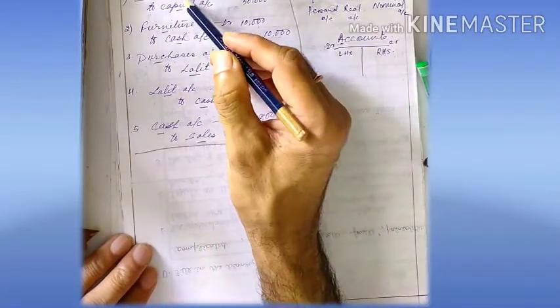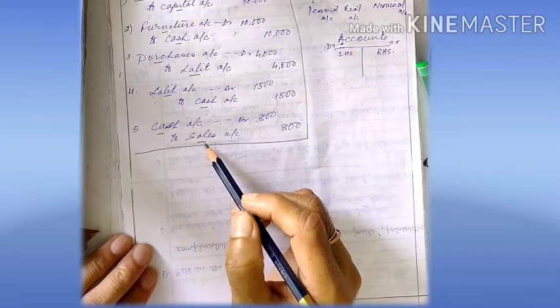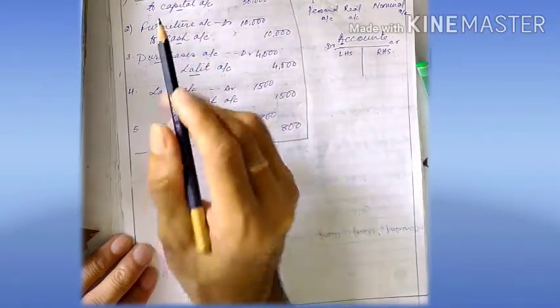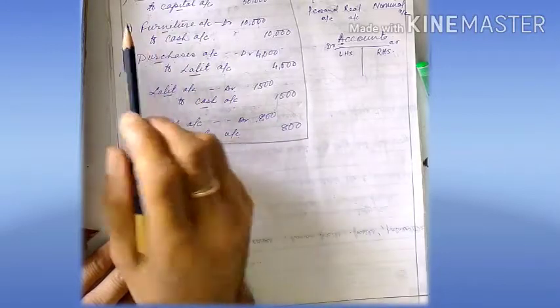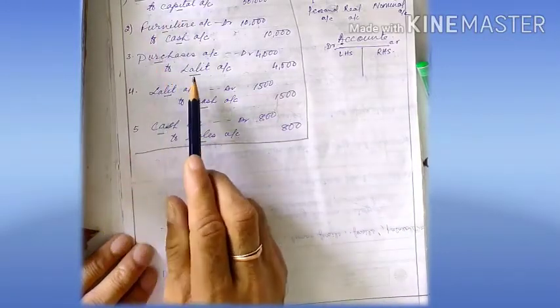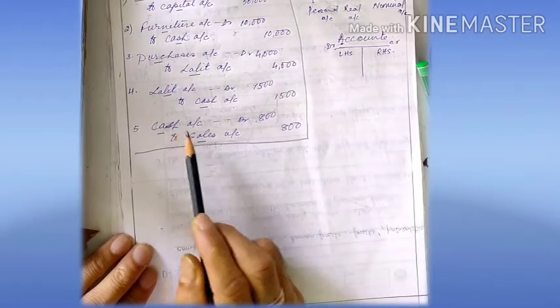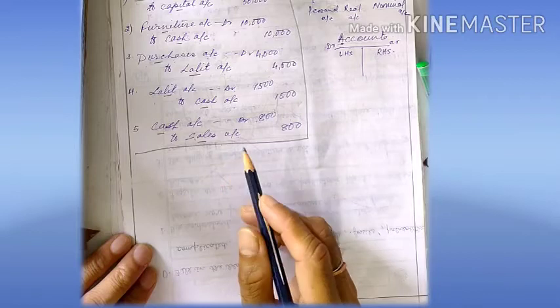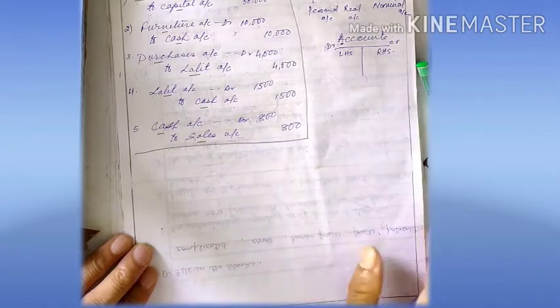So you'll see some of the accounts are repeated, but you need to prepare the accounts only once. Let's see how many accounts will be prepared. One, two, three, four, five, six. So altogether six accounts are required to be prepared here.